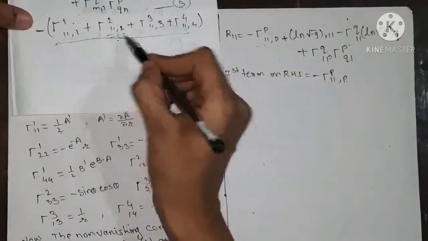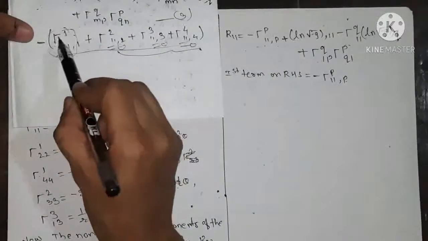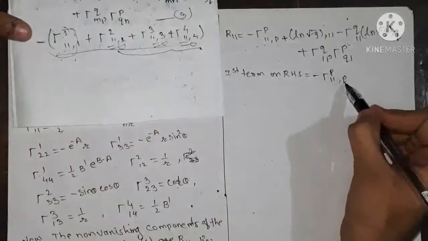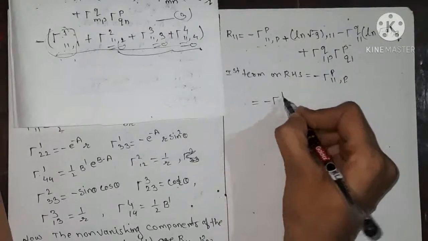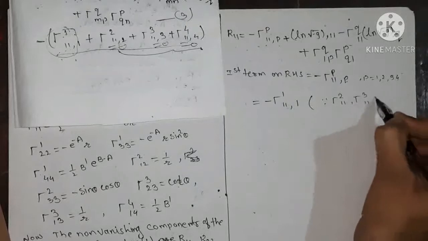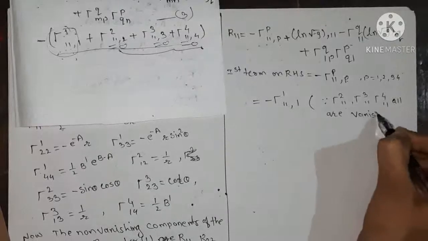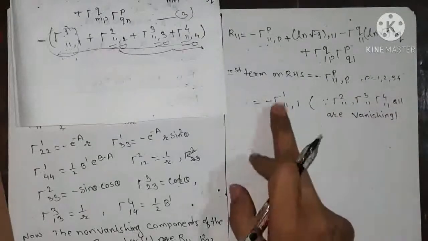So the first term is equal to minus gamma of 1 1 comma 1, taking p equal to 1 only, since the others are vanishing.